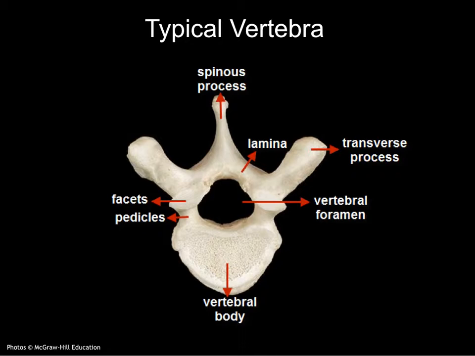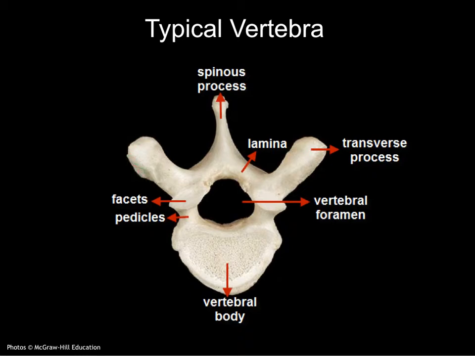So on a vertebra, there are several processes and foramens that you should all know. The vertebral foramen is the big hole in the center. Transverse means to the sides. So these are transverse processes. These are processes that stick out to the sides.